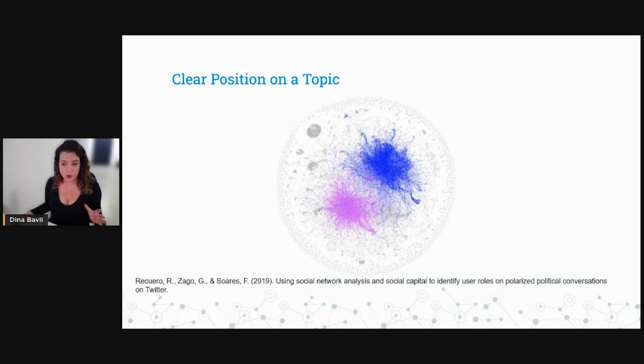So this was visibility and participation. But what about the clear position on a topic? This graph is from a great article, a paper that is written down here, that measured activity pro and against the Prime Minister in Brazil in the 3 days around the election.